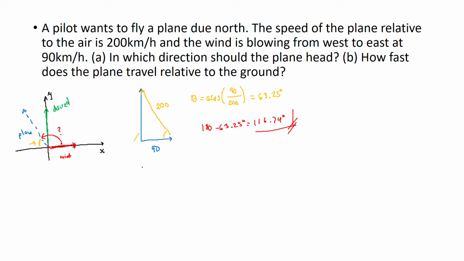So 200 squared would be equal to 90 squared plus something squared. I'm going to call it b squared. So b squared would be 200 squared minus 90 squared, and the square root of all this would be b.